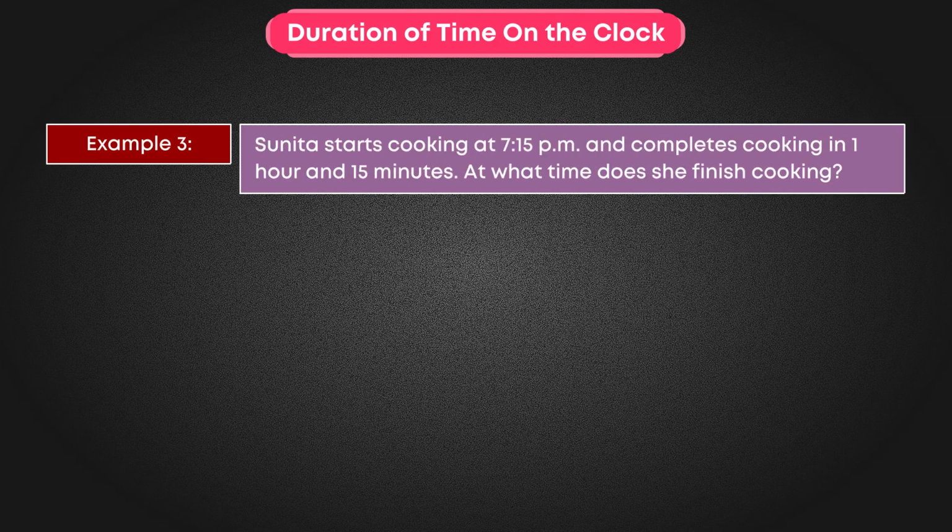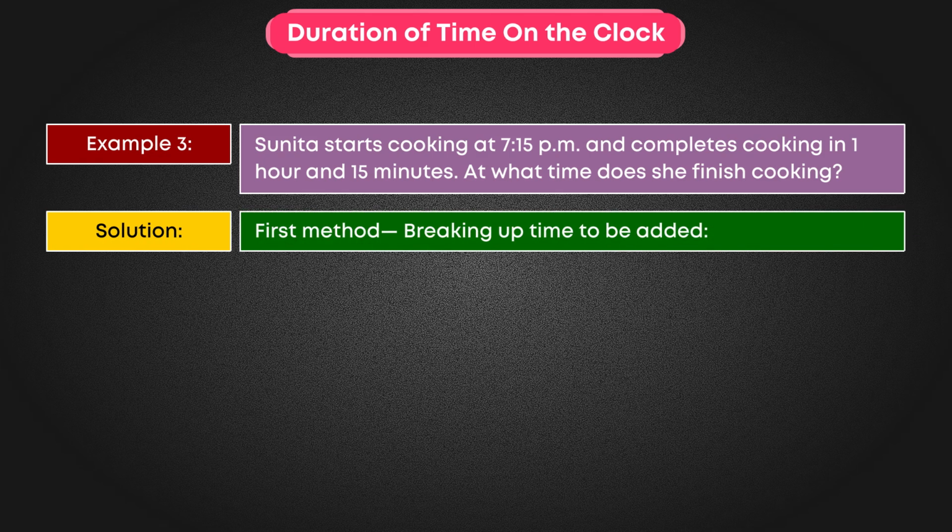Example 3. Sunita starts cooking at 7:15 p.m. and completes cooking in 1 hour and 15 minutes. At what time does she finish cooking? Solution. First method.